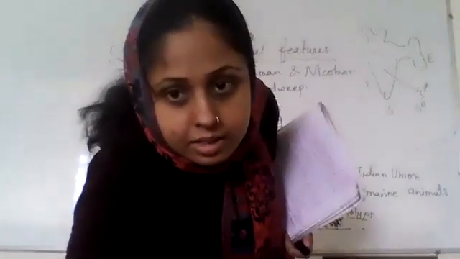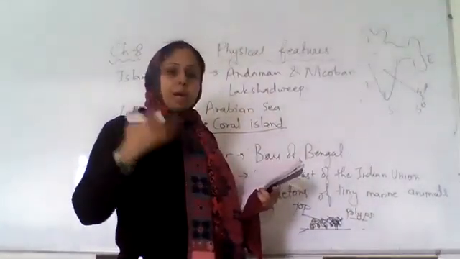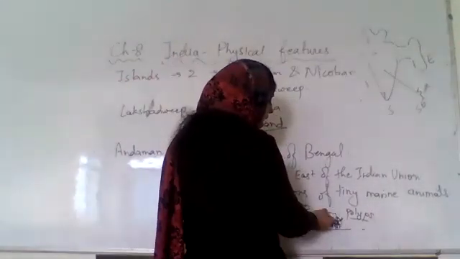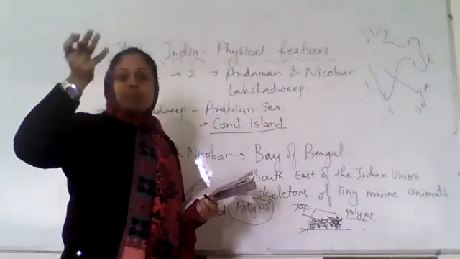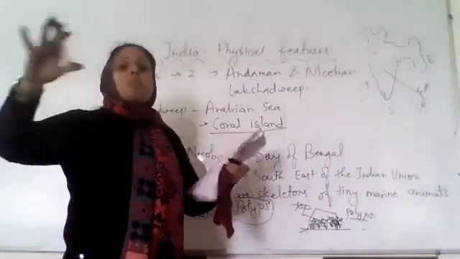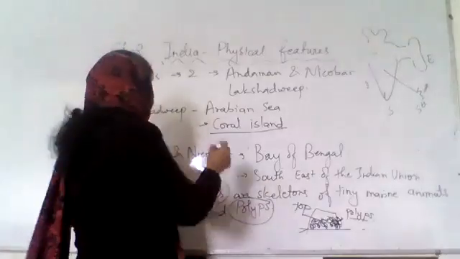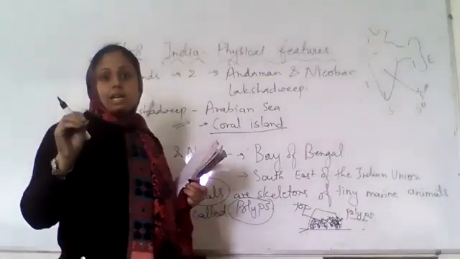Understood? Over thousands and millions of years, this area will be raised high, and it will come out of the water. When it comes out of the water, it will form an island surrounded by water. Understood how Lakshadweep is formed? Lakshadweep is a coral island.